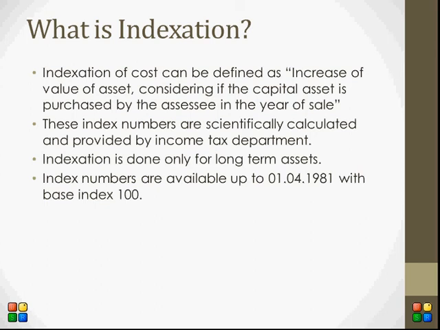That means if you have purchased, or if you have an ancestral property which was purchased before 1/4/1981, then you have to take the base year as 1/4/1981, that is 1981-82, using this base index number 100, because the income tax department provides index numbers from 1st April 1981 till date, and they have not provided any index numbers for the years before 1981.